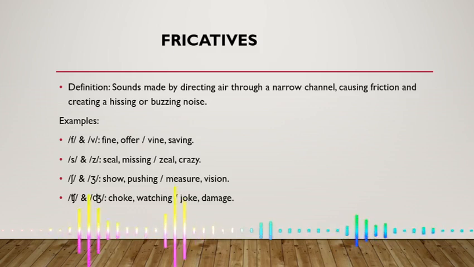Think of this in seal or in vine. You see that in the production of the sounds, the articulators come together, but the air is not blocked or stopped, and you hear a hissing or buzzing sound, unlike the plosive where the sound suddenly comes out.